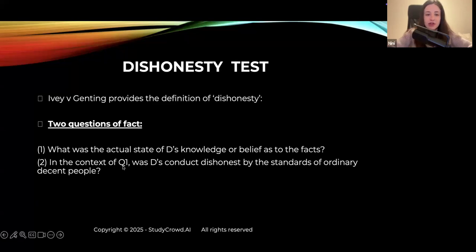And secondly, in the context of question 1, was the defendant's conduct dishonest by the standards of ordinary decent people? You need to make arguments based on the facts of the case that you've been given in the problem question. To what extent was the statement dishonest by the standards of ordinary decent people?